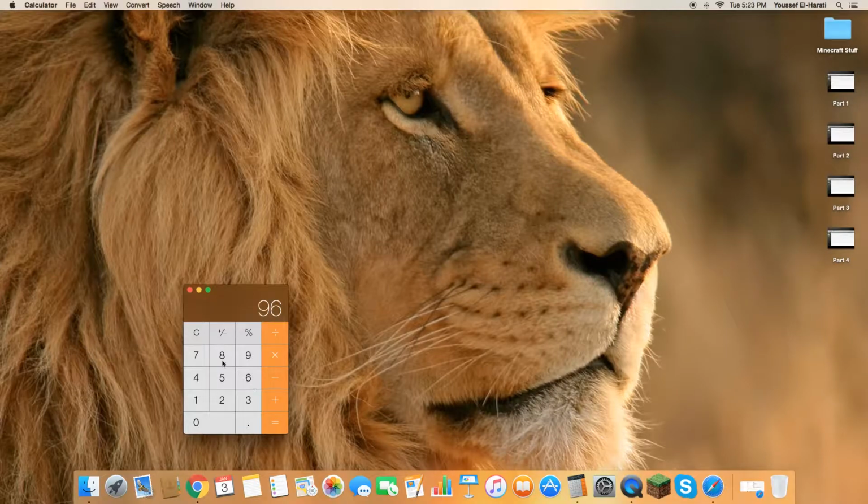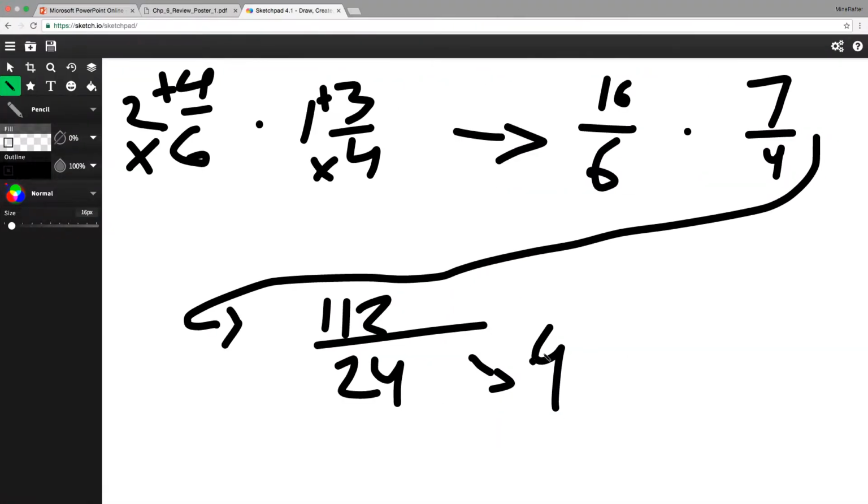Remember, you go 112 minus 96. So then, whatever answer you get, 16, you go, and then 16 over 24. So then, that's how you multiply one of them.